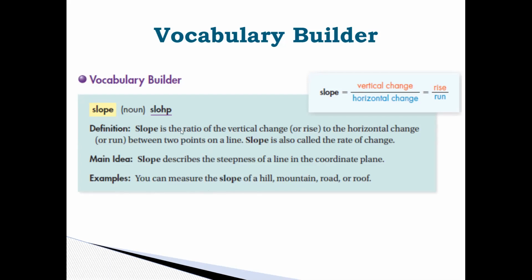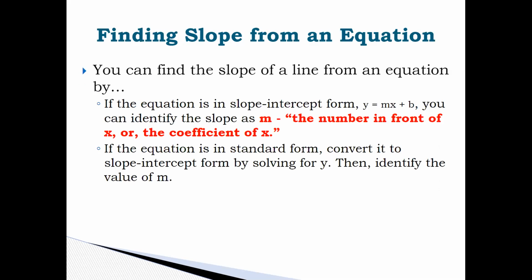And if you look in the definition, slope is the ratio of the vertical change to the horizontal change. So when you see that word ratio, that should tell you that you're looking at a fraction. And even if the slope is 5, for instance, as a whole number, I can still write that as a fraction, 5 over 1. Because as you'll see when we start graphing these things, we need both of those numbers in order to graph the line correctly. Rise and run, we need both of them.